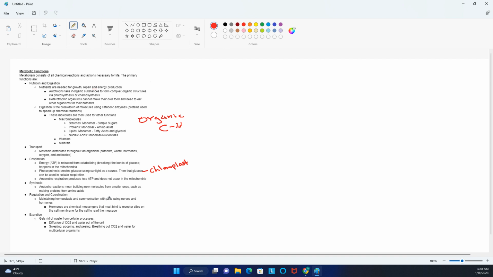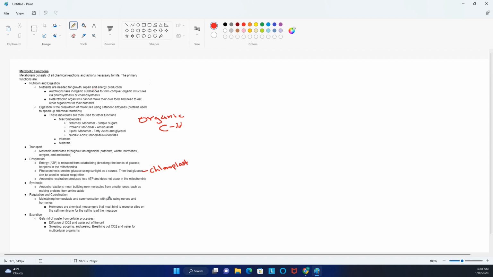And then excretion, which is the removal of any materials that need to be removed. This is going to be a dual active thing within cells. Usually it's going to be diffusion at the cell membrane. The membrane handles a lot within the cell, as you can tell.